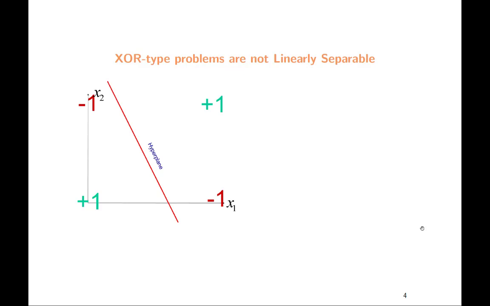This is the famous so-called XOR example, where you want to have class 1 at the input locations 0, 0 and 1, 1, and you want to have the response -1 for the input patterns 0, 1 and 1, 0. No matter how you move this hyperplane, you will not be able to separate these data points.